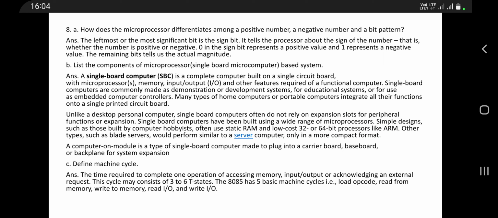Single board computers are commonly made as a demonstration or development system. The computer on module is a type of single board computer made to plug into a carrier baseboard or backplane for system expansion. You just read this and try to understand it.